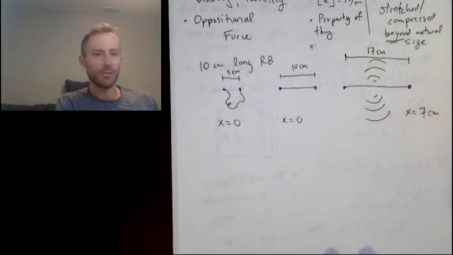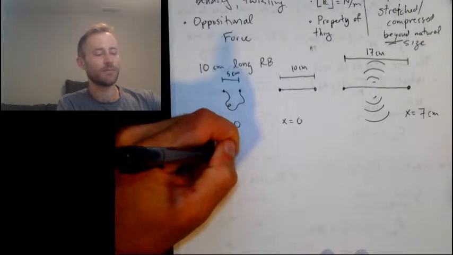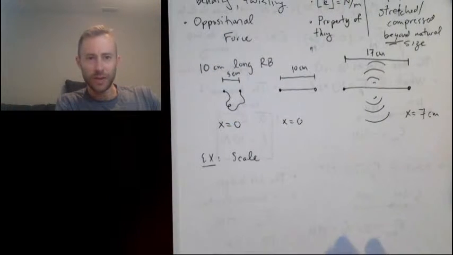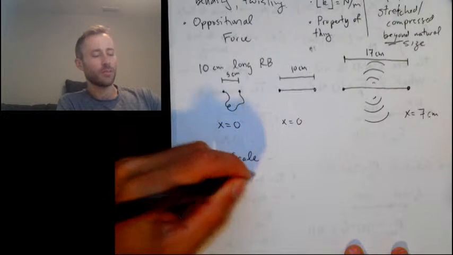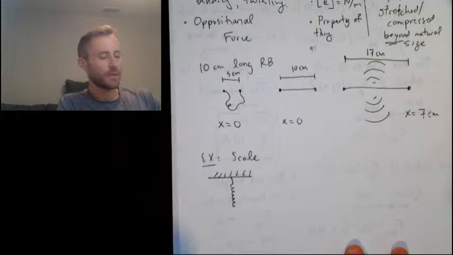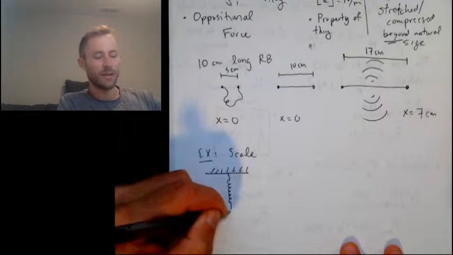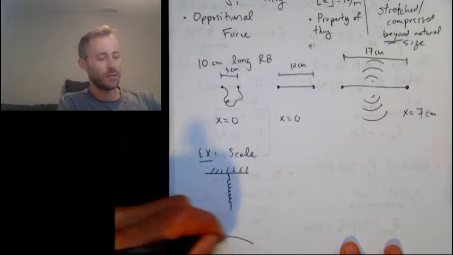Let's do a really simple example. A scale. So what is a scale? A scale is basically a spring, and then the spring is attached to some kind of a plate.